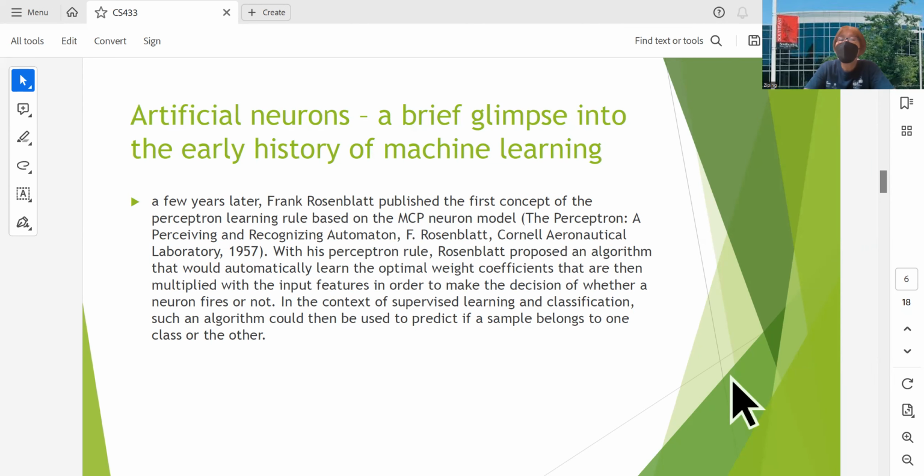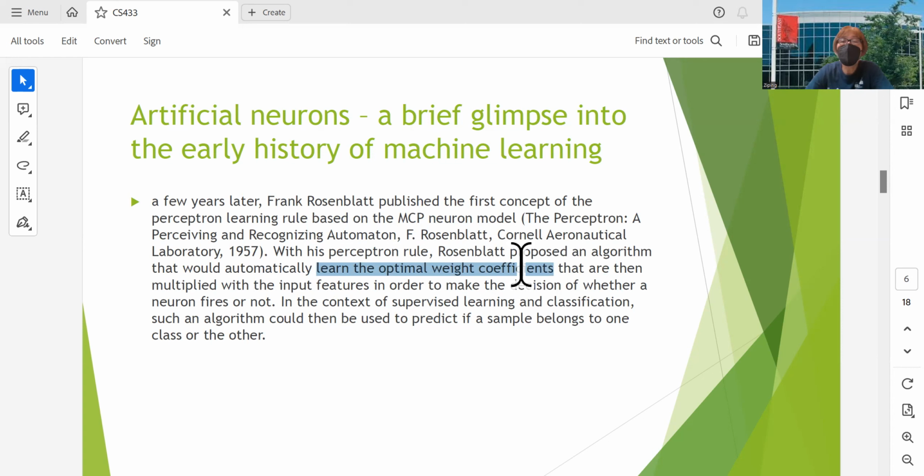And then a few years later, Frank Rosenblatt developed, based on the MCP neuron, the perceptron algorithm, the perceptron rule. The idea is that the perceptron, that artificial neuron, can learn optimal weight coefficients.